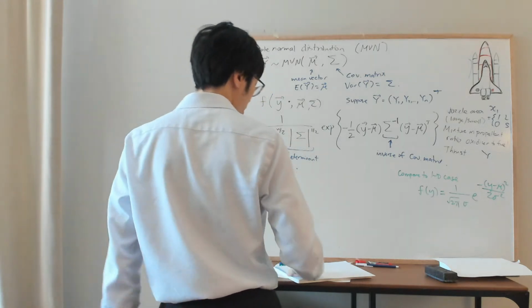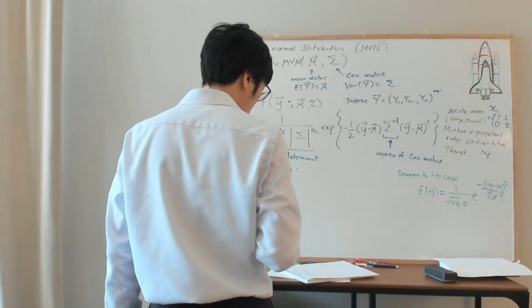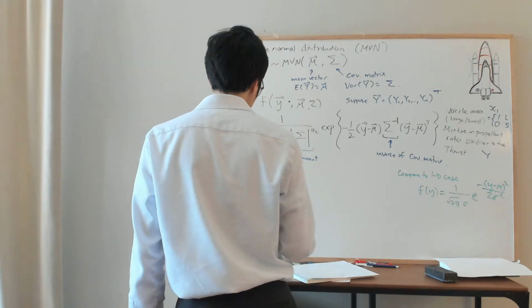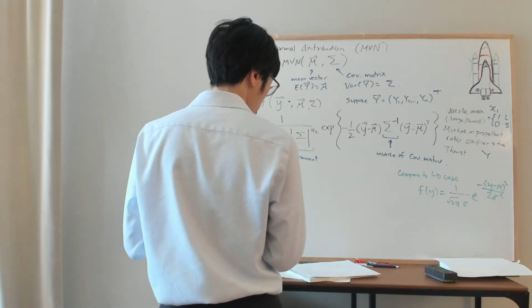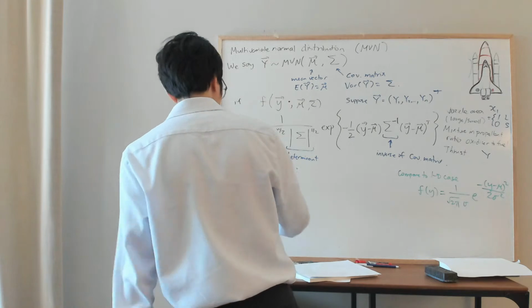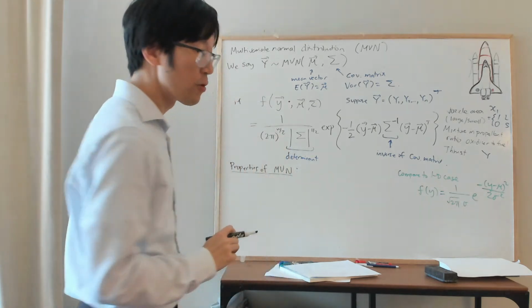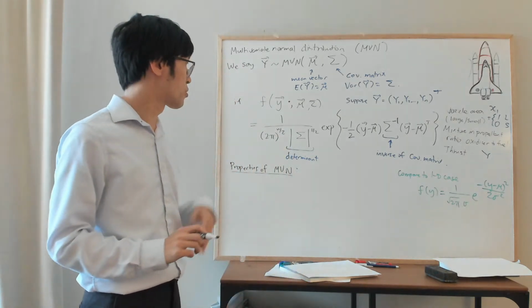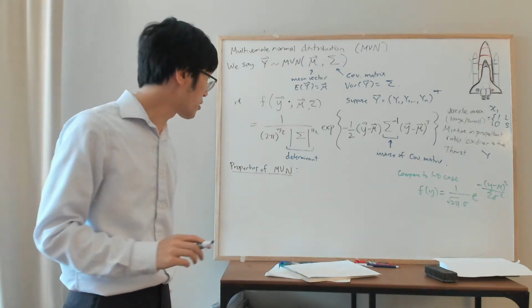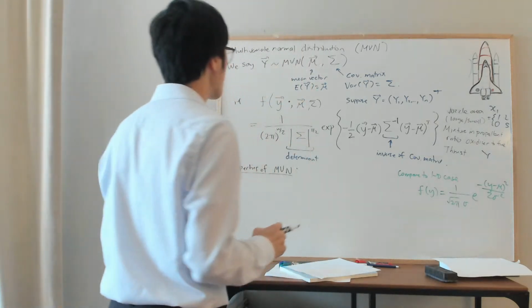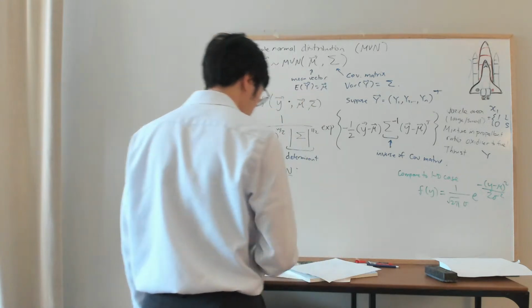Again, let's define some constants, and then we're going to apply the facts we learned about constants multiplying on random vectors, specifically in the context of the multivariate normal.